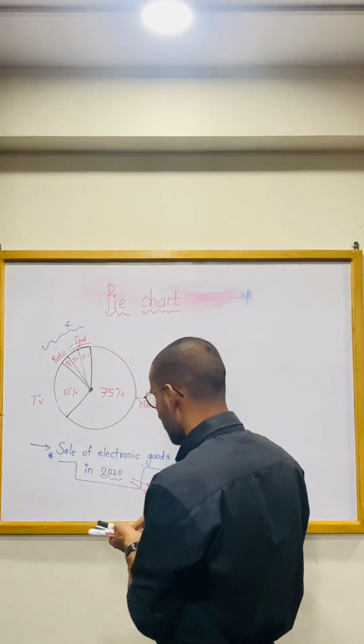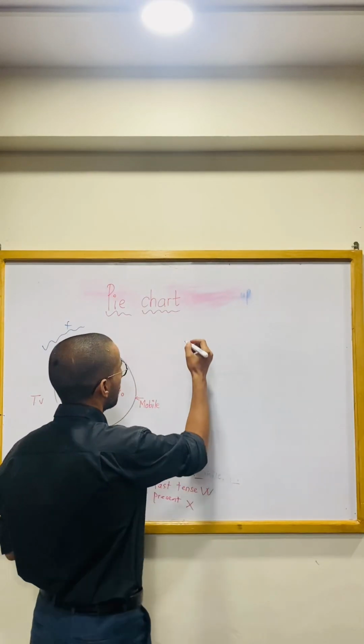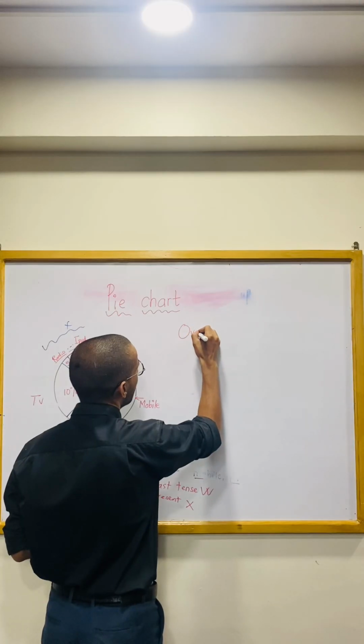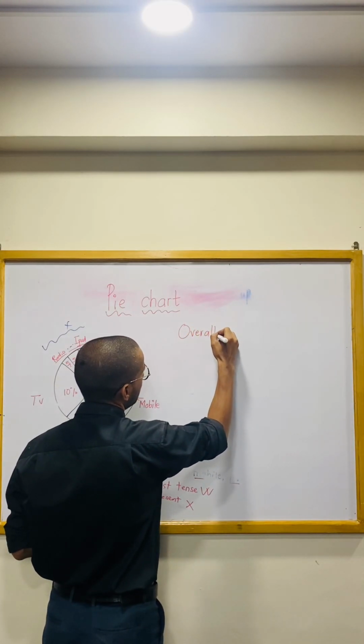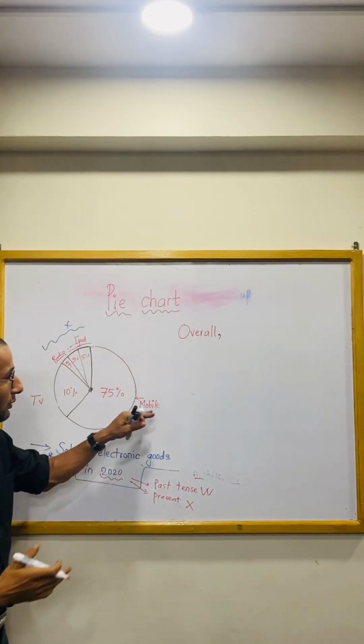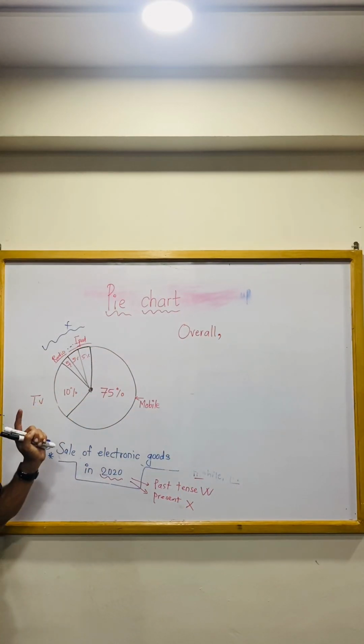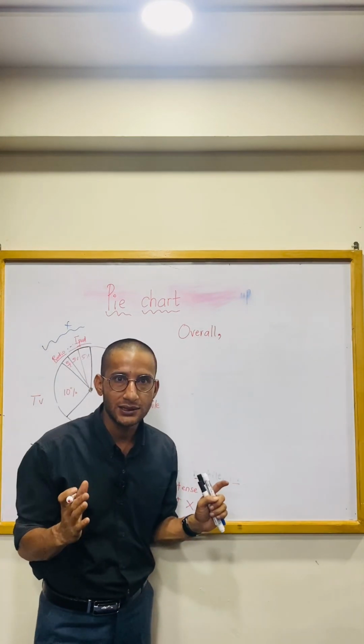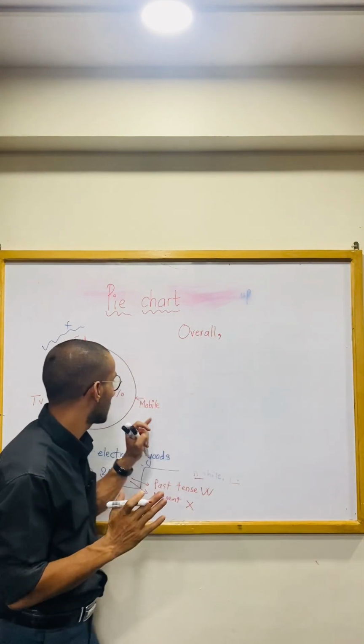Now, how do we start the overview? We start the overview by saying overall. Yes, mobile phone sale was 75%, but because this is overview, we will not write the percentage.